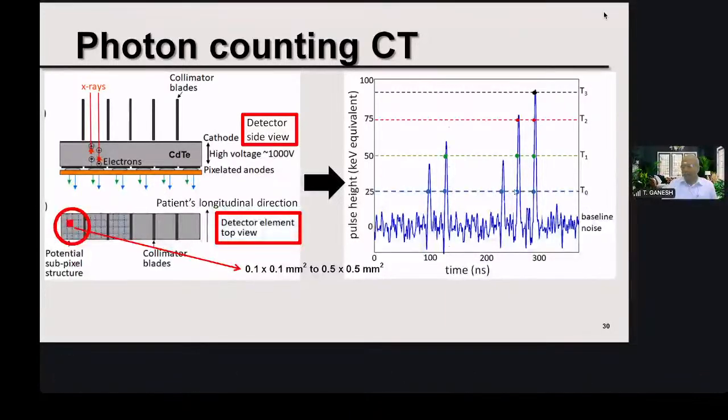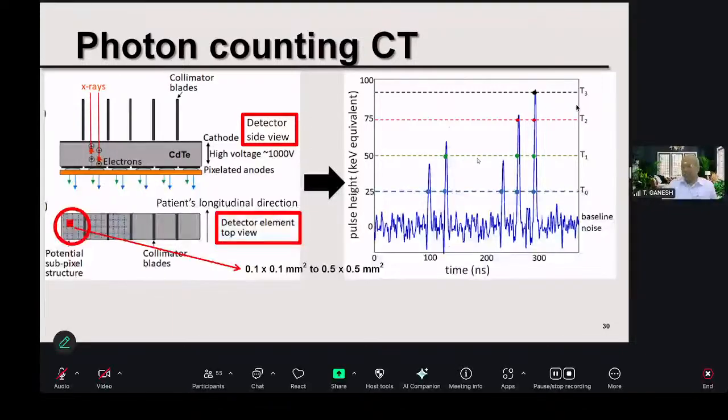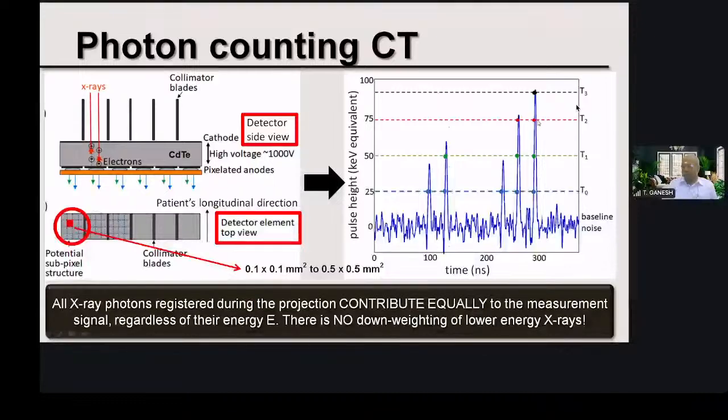So there are 5 pulses exceeding this T0, 3 pulses exceeding this T1, and 2 pulses exceeding T2, 1 pulse exceeding this T3. These are different energy bins. So the values of these 25, 50, 75, 90, all these are user selectable.